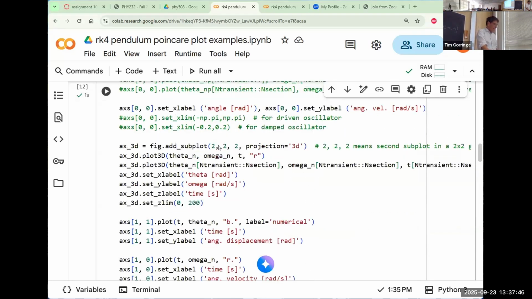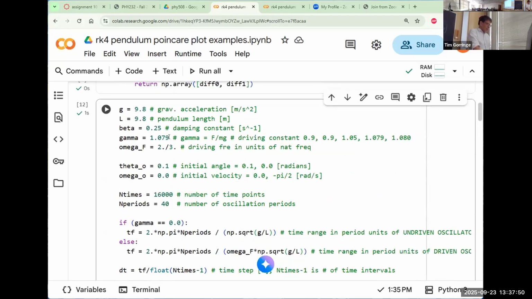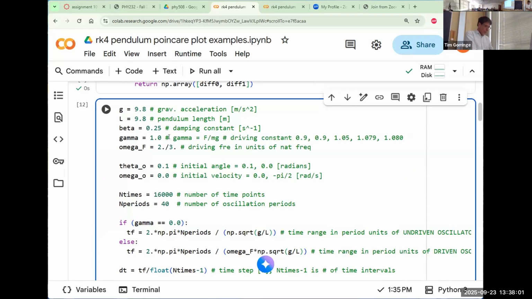Let's go a little bit further in our driving constant. So let's just add a bit more. So we go from 1.079 to 1.80.